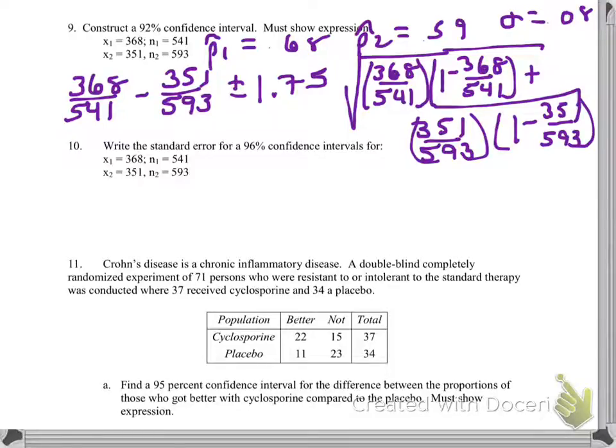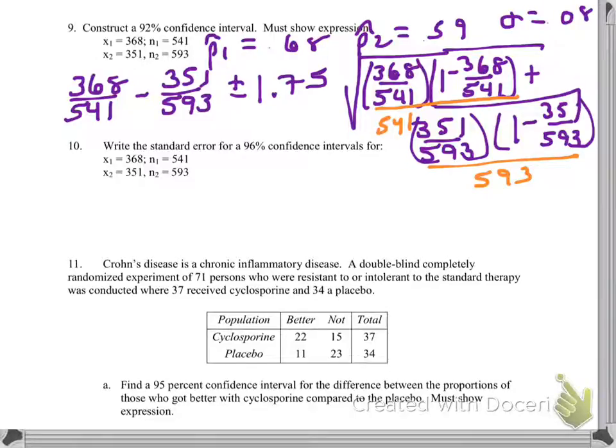All right, so I forgot to put the denominators in, so I'm changing colors. So this is divided by 541, and this is divided by 593. Shame on me.